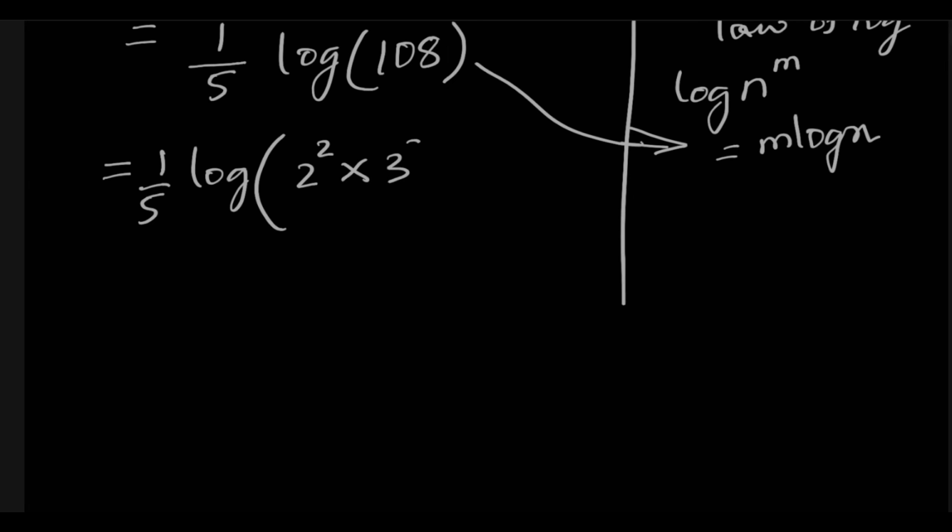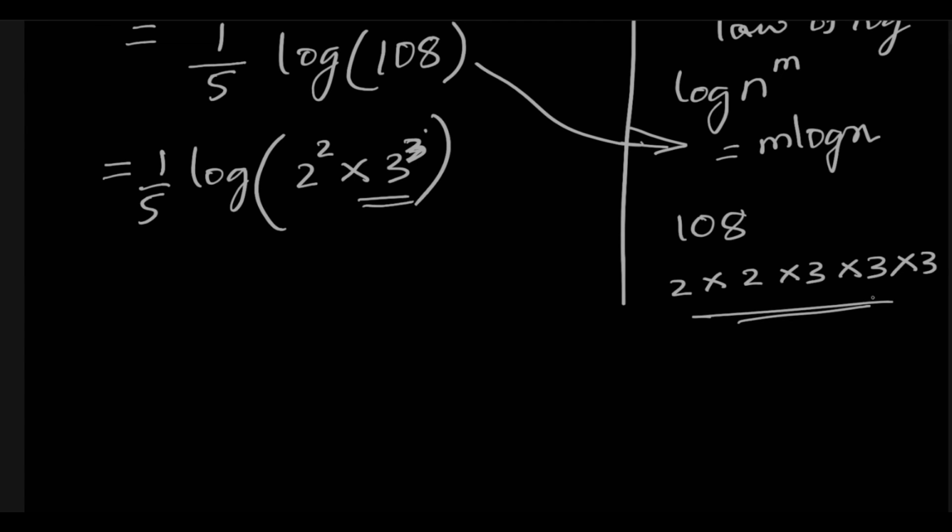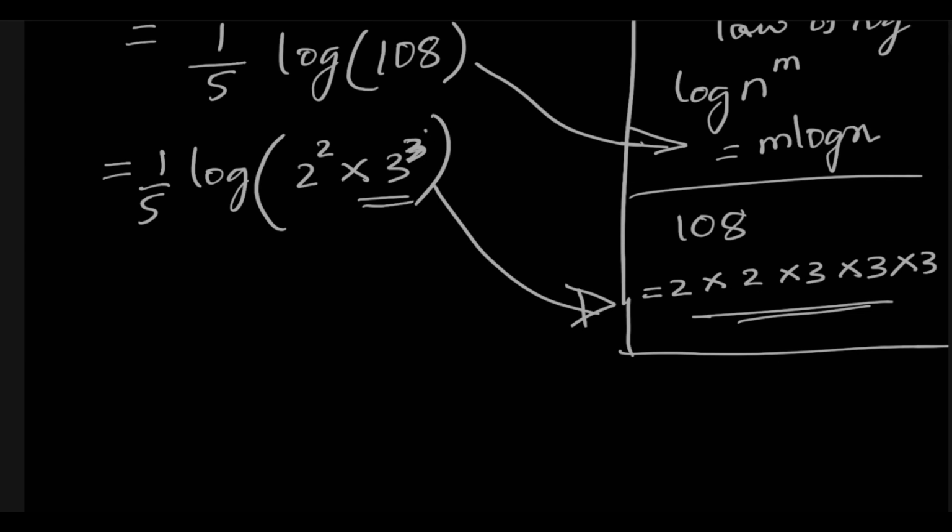How did I get 2 square into 3 cube? You can just factorize 108, and it reduces to 2 into 2 into 3 into 3 into 3. So I have used this here and written 2 square and 3 cube, because we have to reduce this in terms of log 2 and log 3. In terms of these two, we have to bring it down.